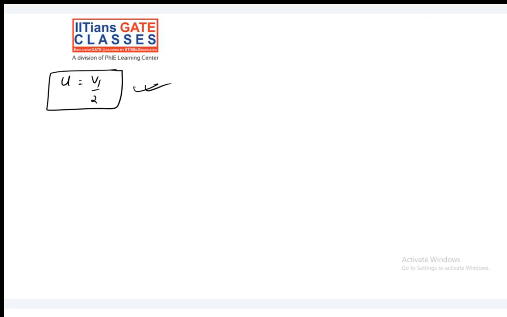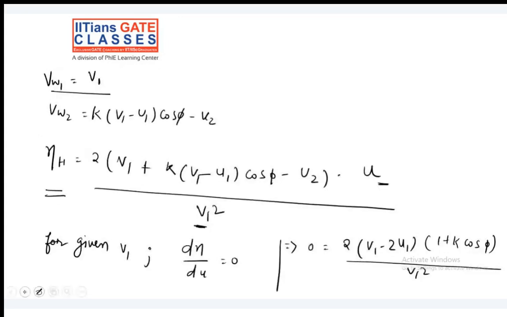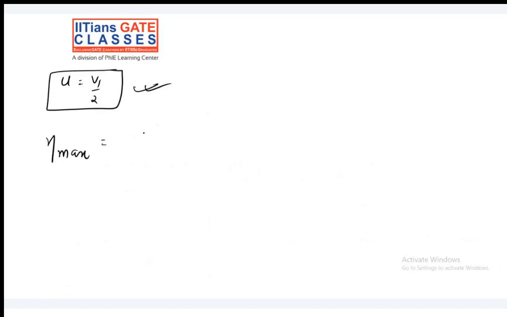Okay. Then what is the maximum value you are able to get when you put U is V1 by 2 into this equation? Then you will get that eta max is nothing but (1 plus K cos phi) divided by 2. Okay.